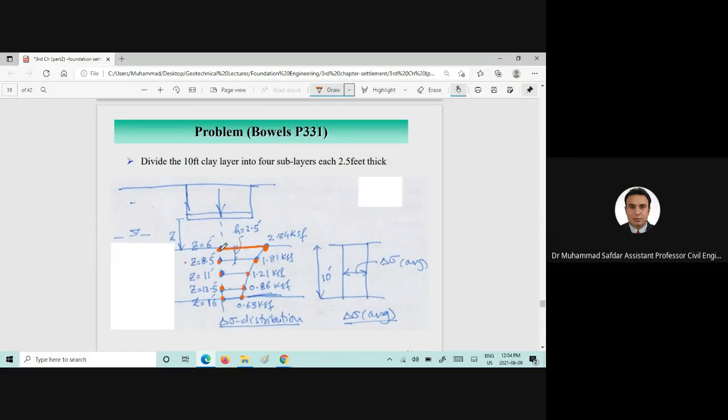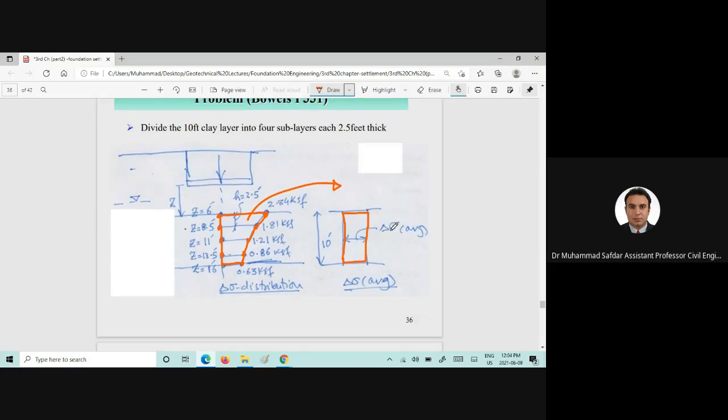Now we need to find out the area of this portion, and why do we need to find the area of this portion? Because we need to find out the delta sigma average, with which we find the settlement.